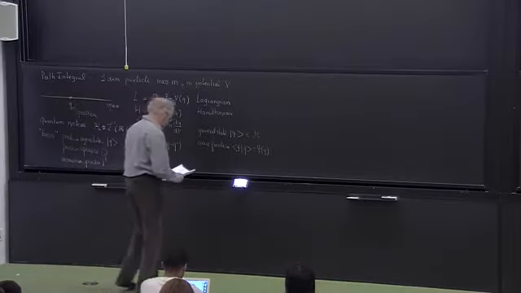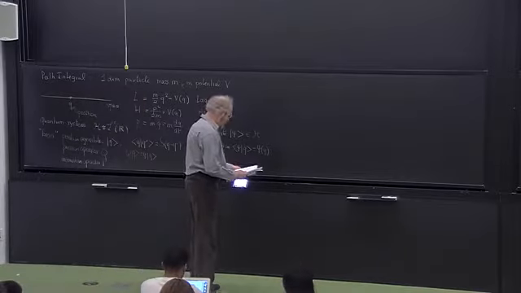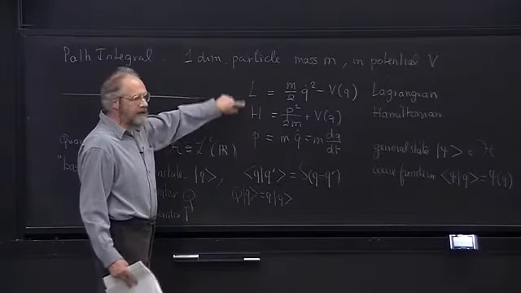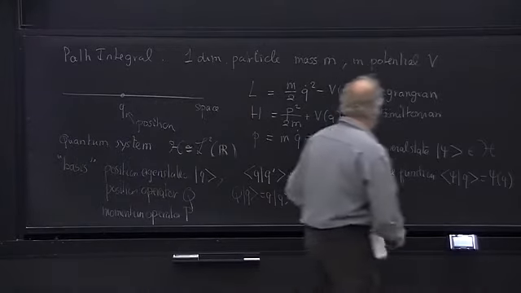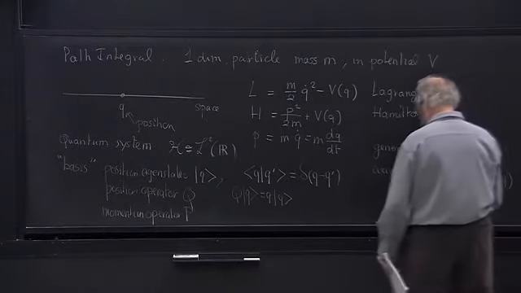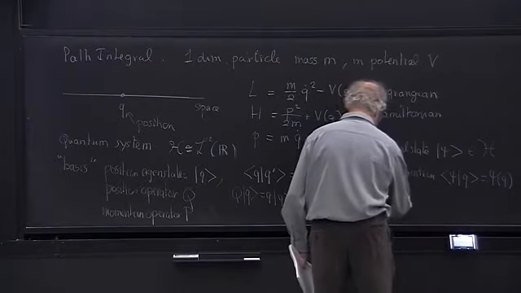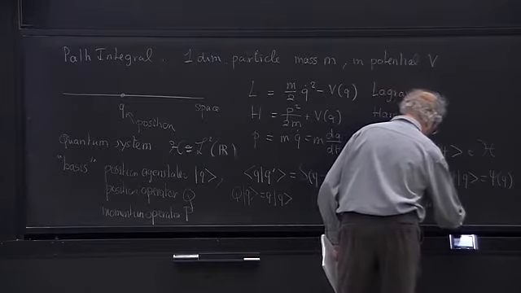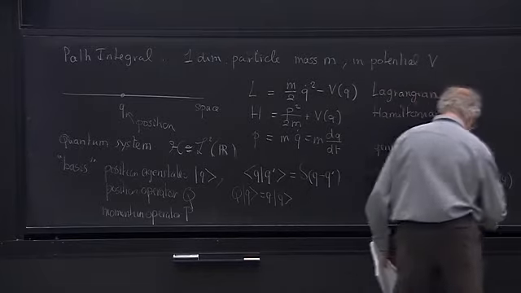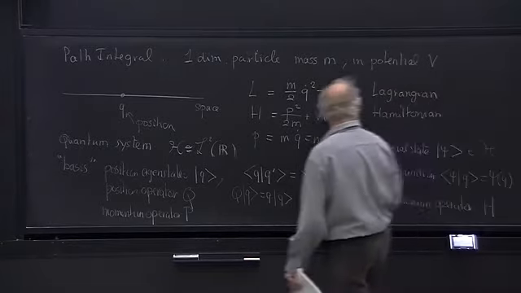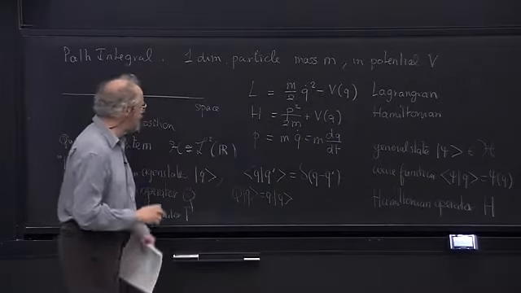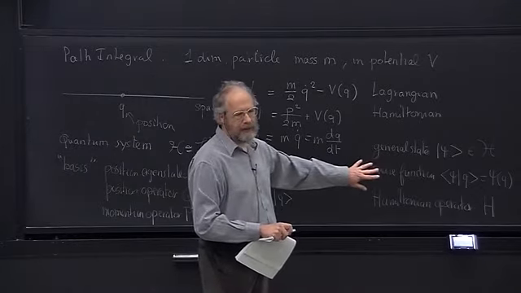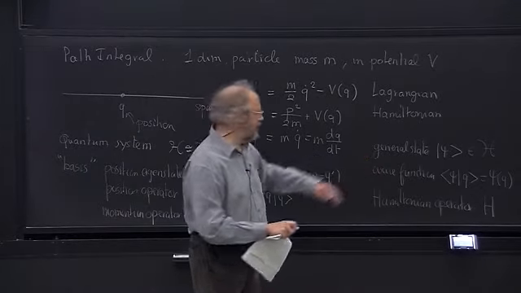And now, corresponding to these dynamics, there is a Hamiltonian operator, capital H. So I'm going to use the same notation for classical quantities and operators when there is no ambiguity. But if you have doubts, just ask me.